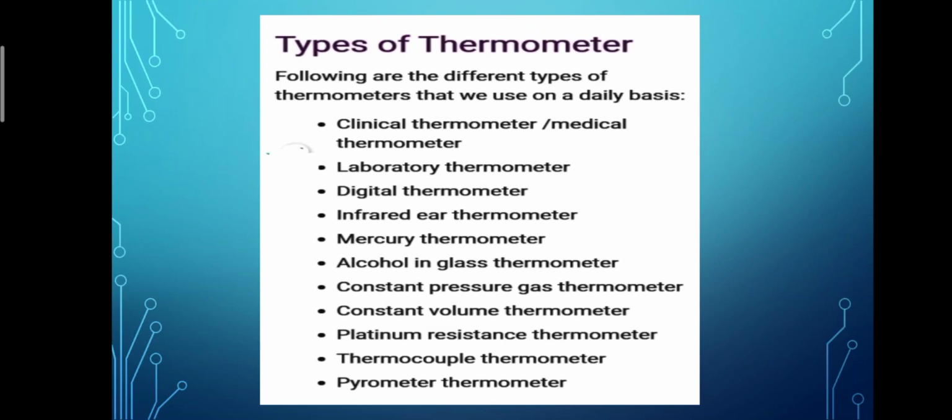Number 5, mercury thermometer. Number 6, alcohol-in-glass thermometer. Number 7, constant pressure gas thermometer. Number 8, constant volume thermometer. Number 9, platinum resistance thermometer. Number 10, thermocouple thermometer. And pyrometer thermometer.